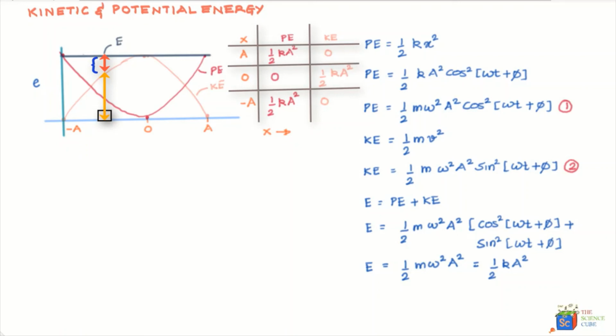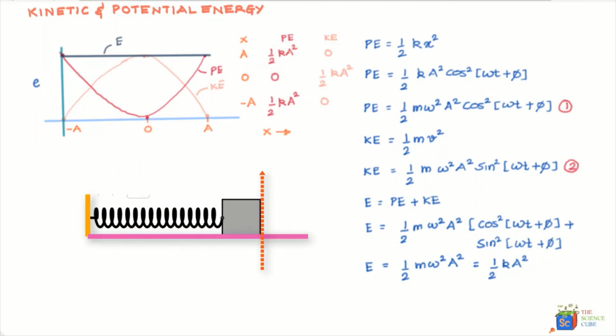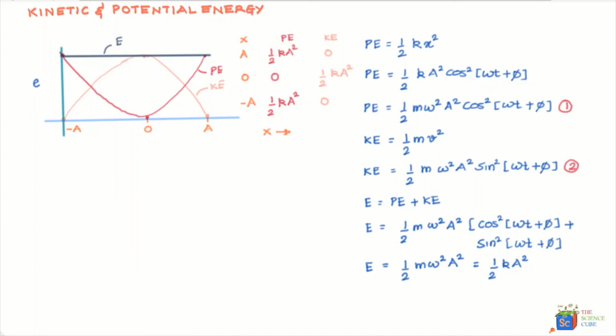Now we calculate the velocity of simple harmonic motion by considering the equation of total energy. Now we have a spring that is connected with a mass and the other end is fixed. When the spring moves, it has some velocity, so we calculate this velocity.